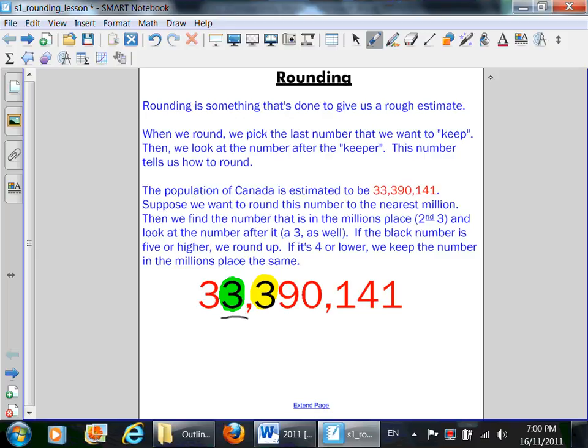So if we are rounding this to the nearest million, it would be 33 million, because this number here is 4 or lower, so we round down to 33 million.